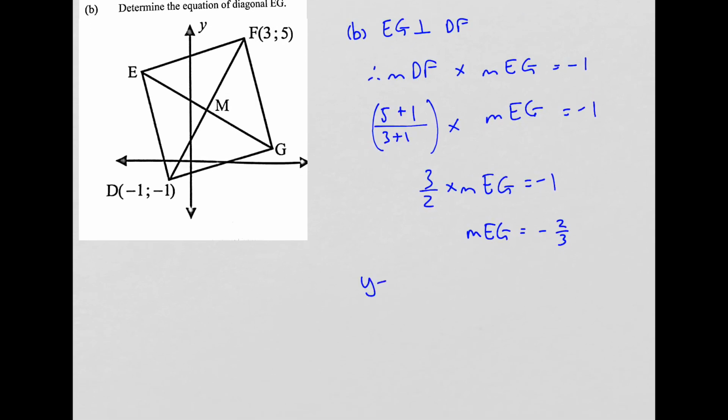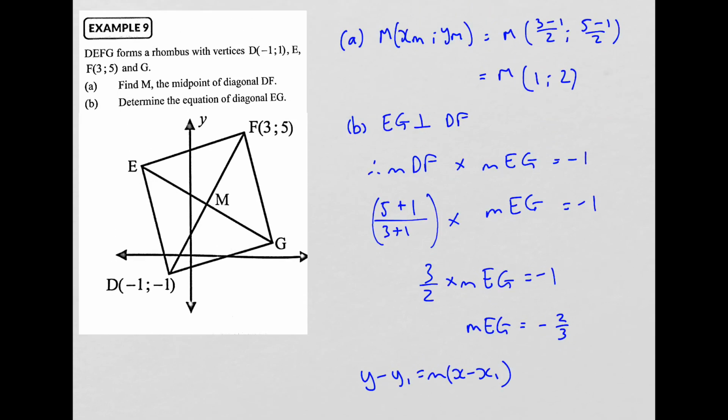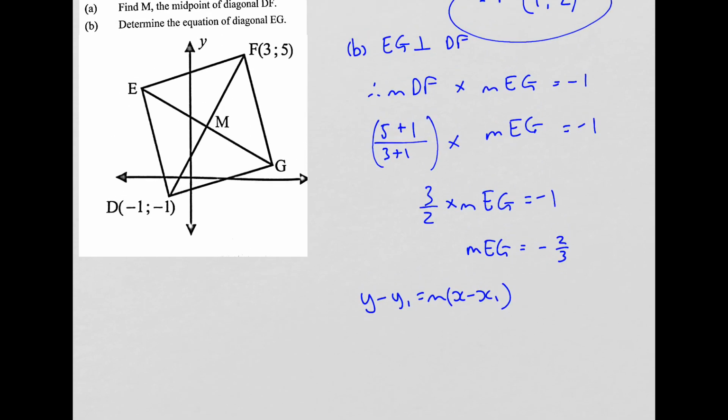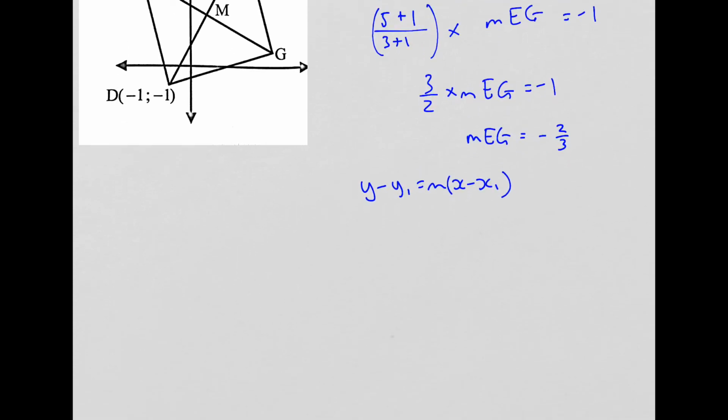We're going to use the formula y minus y1 equals m into x minus x1, and substitute the coordinates that we worked out up here in A, the midpoint (1, 2) of line DF, and the gradient that we've just worked out, which is -2/3.